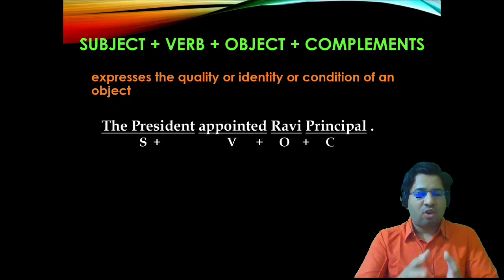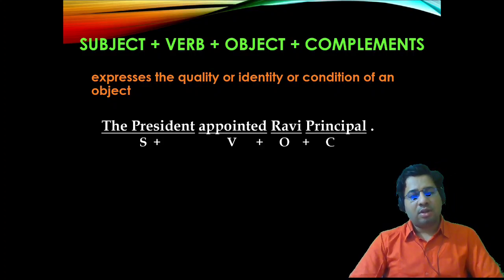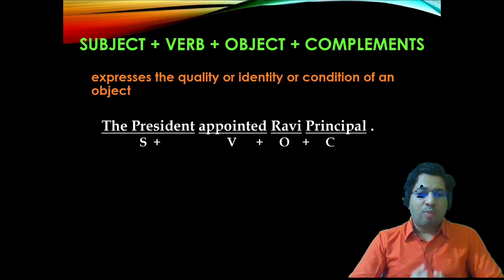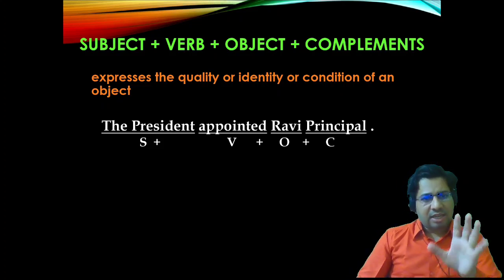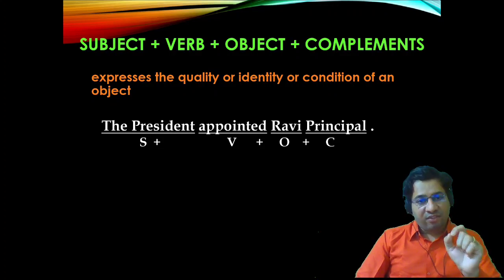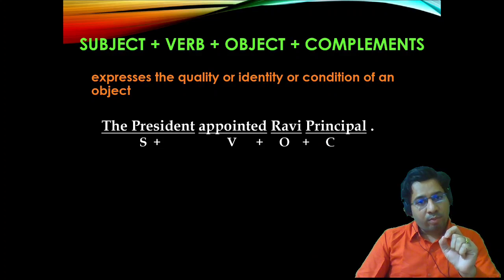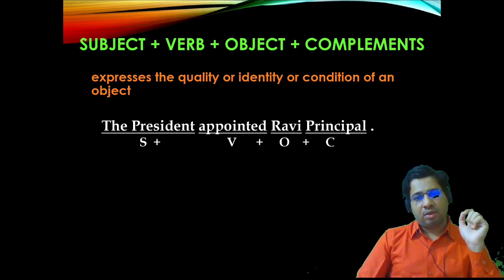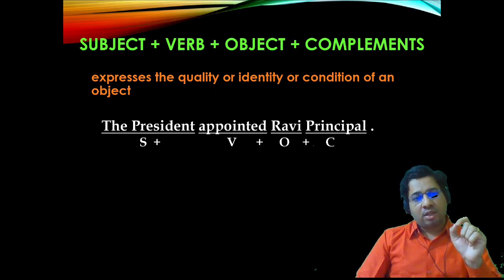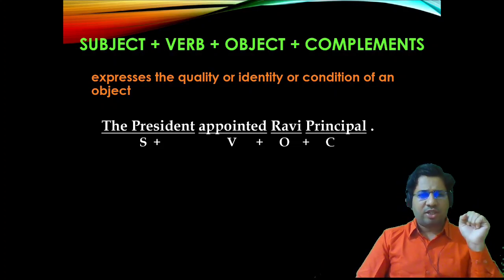Look at the following sentence. The president appointed Ravi principal. So in this sentence, Ravi is the object of the transitive verb appointed. But if you say the president appointed Ravi, the sense is incomplete.